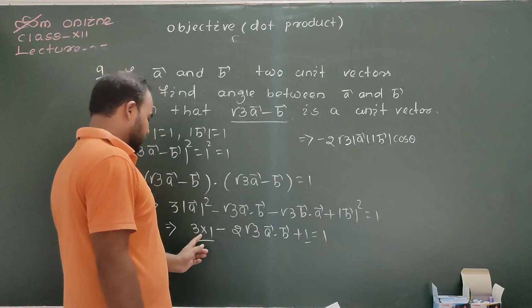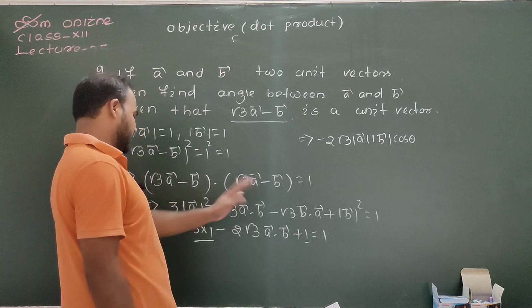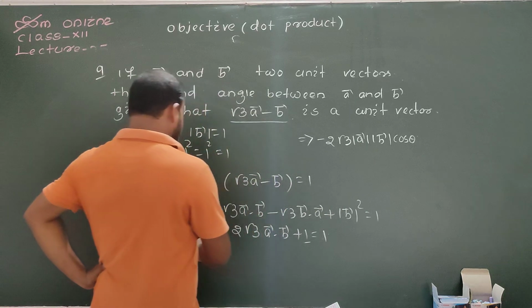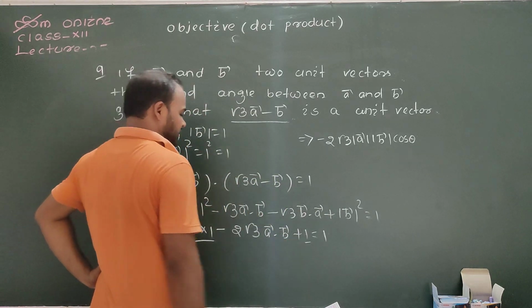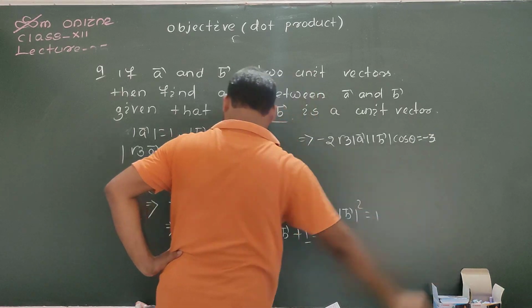Now this 3 and 1 cancel to each other, and on the right hand side this is 3, so it is equal to minus 3.